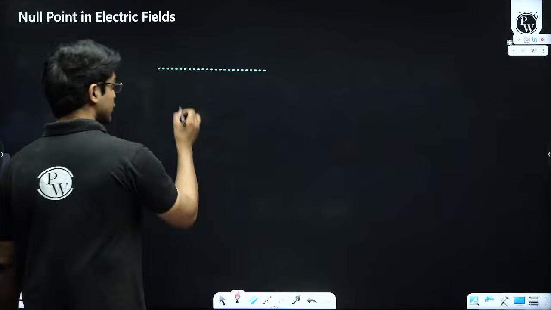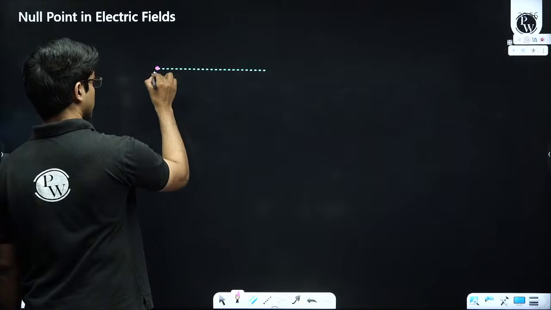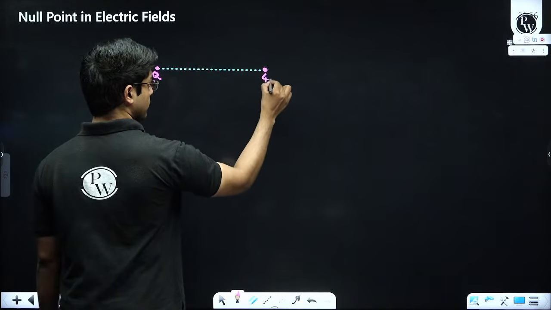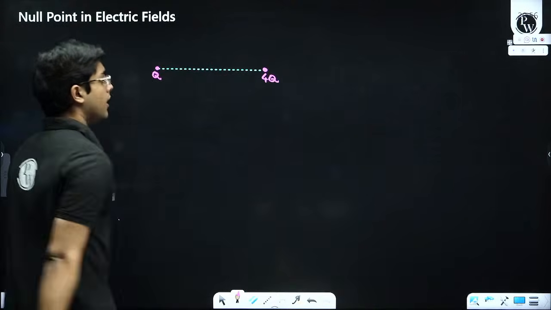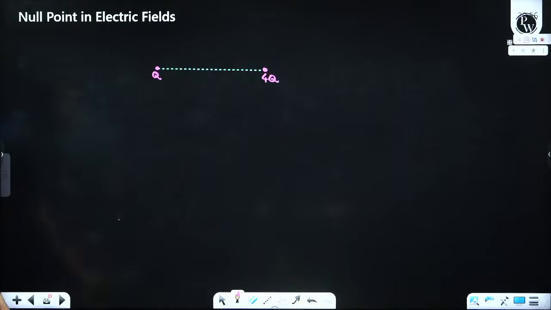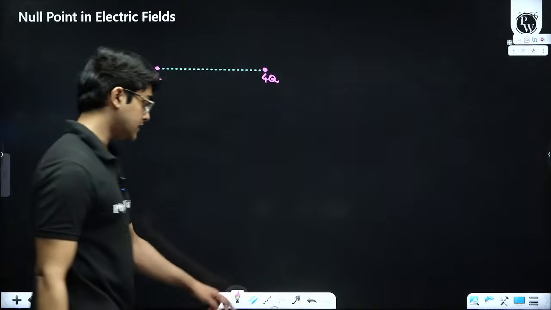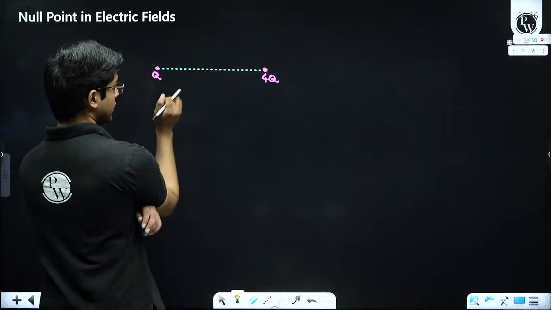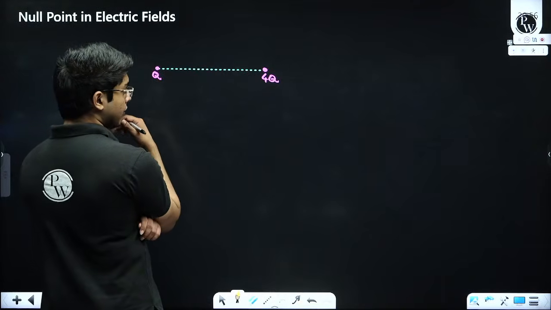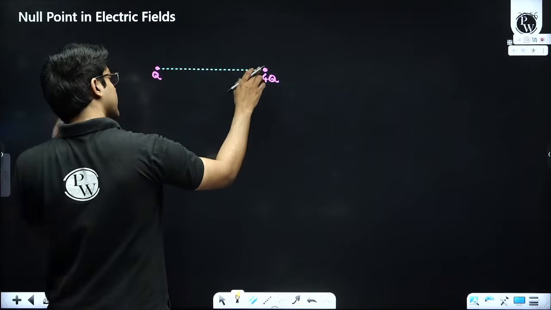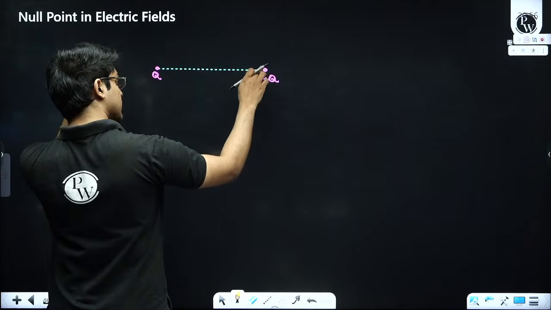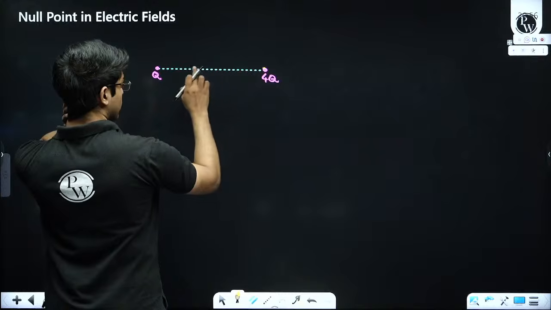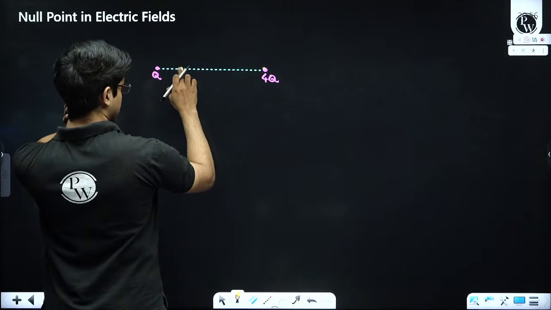Let's say we have a charge of Q and 4Q, and it is said that at some point in between this Q and 4Q, the field is 0. Okay, we have to find where it is 0. So we can kind of imagine that 4Q is the bigger charge, so this guy's field will be stronger, so it will be somewhere over here, right?